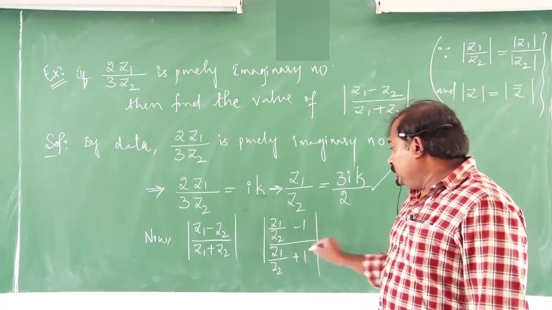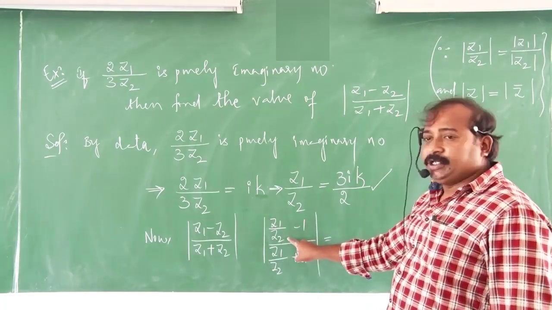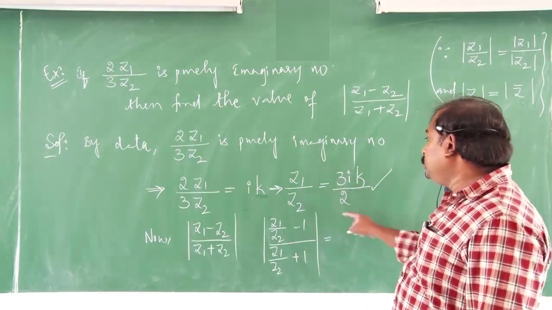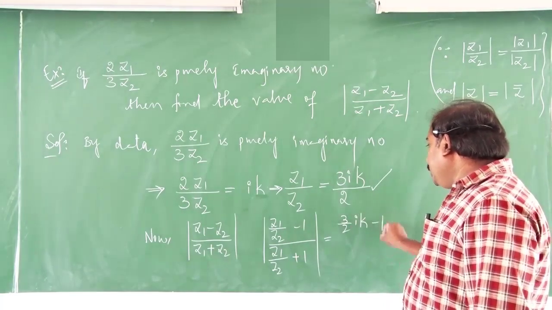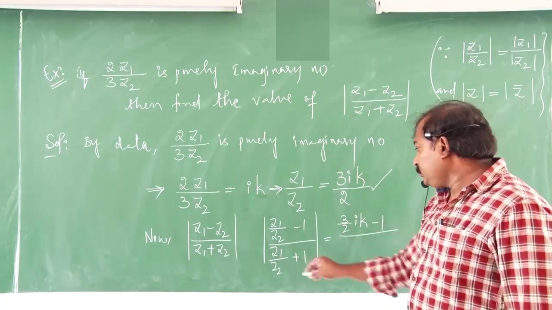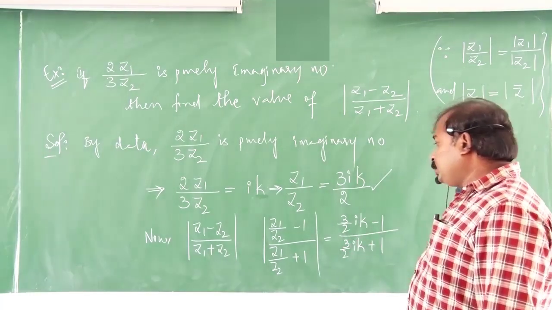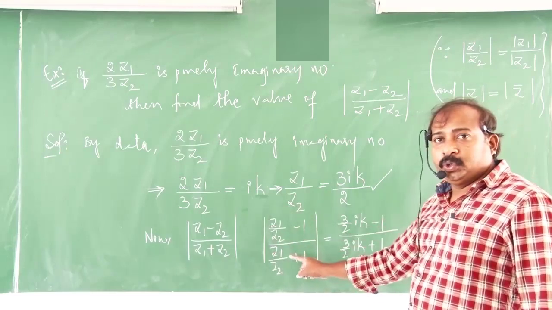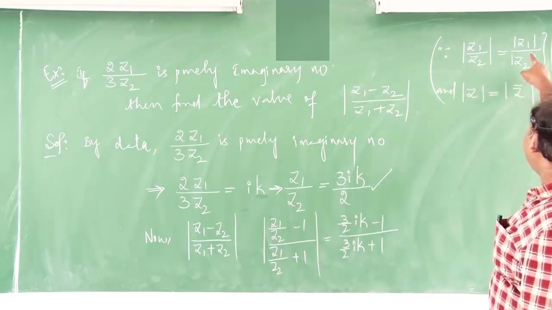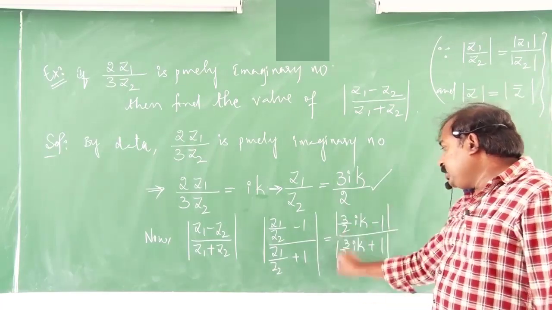Now z1 by z2 is 3 by 2 ik, so we get 3 by 2 ik minus 1 by 3 by 2 ik plus 1.